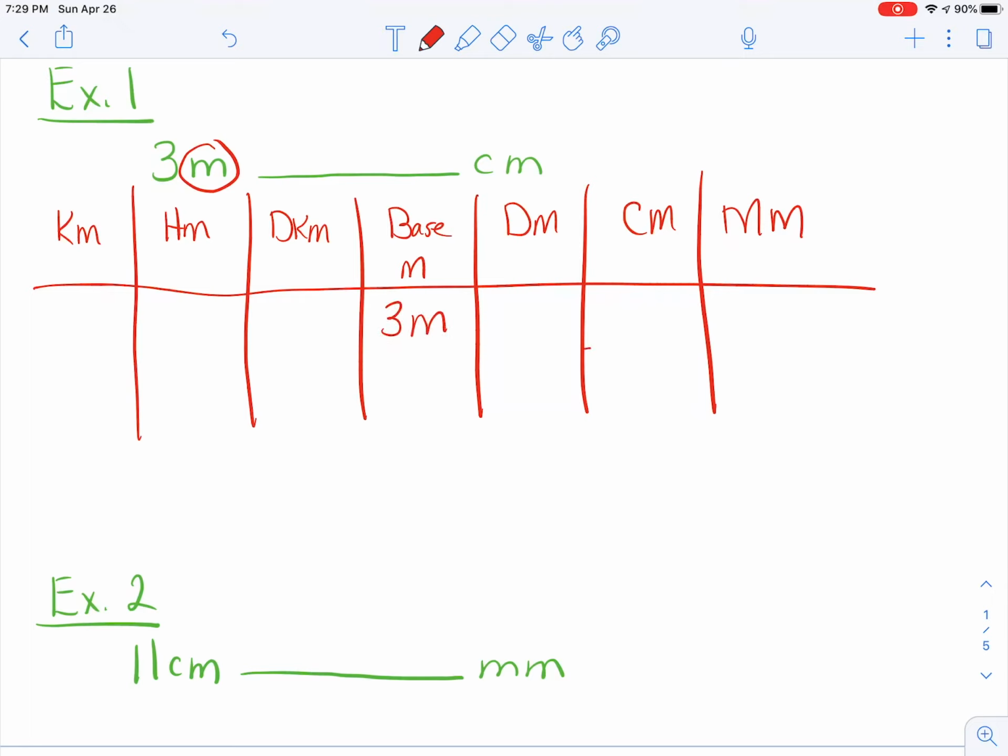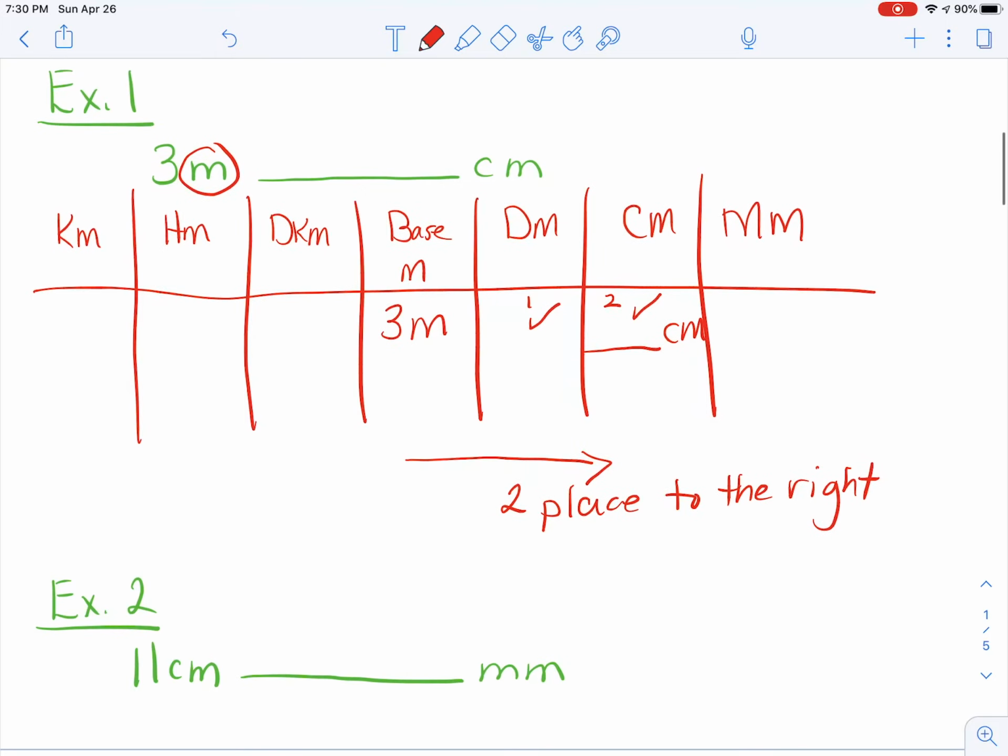And I'm going to centimeters, so I'm moving to the right. How many places? 1, 2. So I'm moving 2 places to the right. Now, what am I moving 2 places to the right? The decimal.